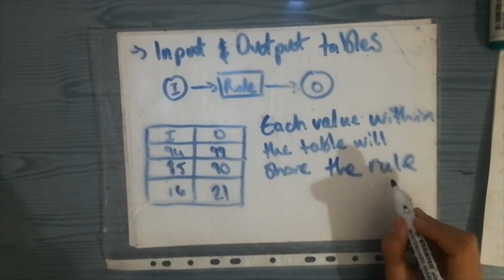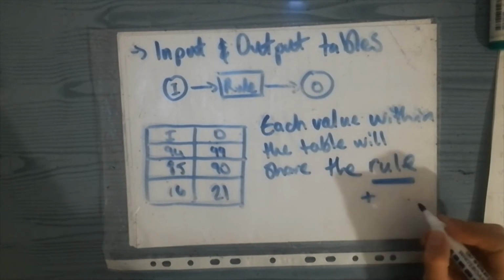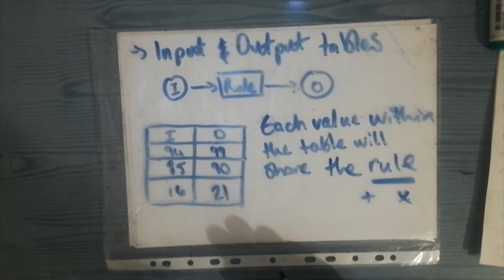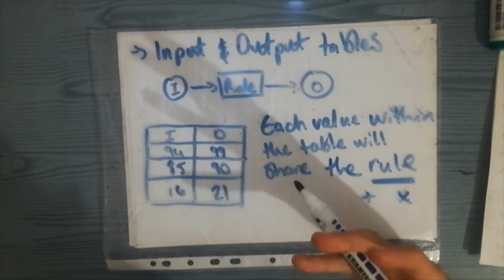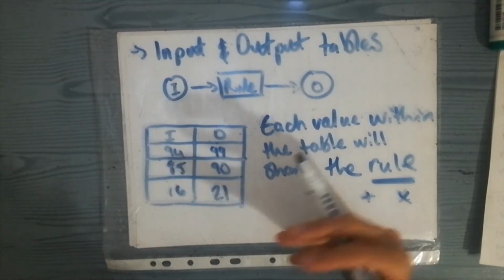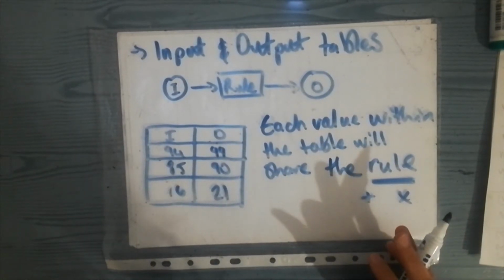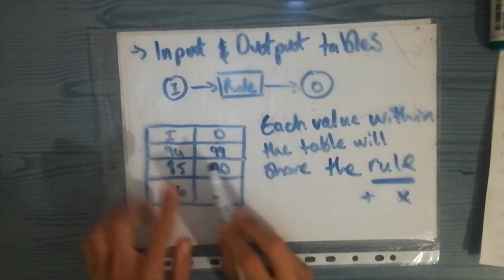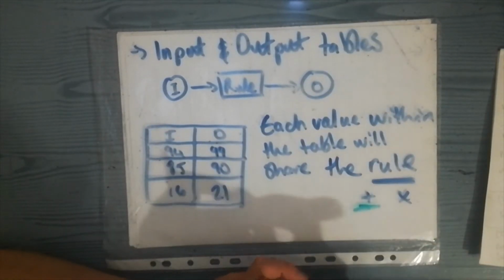So my rule, if the numbers are getting bigger, is either plus or times. And the numbers aren't getting substantially bigger. They aren't like from 94 it becomes 150, which is quite a huge amount. They're quite small. So most probably the rule will be a plus.